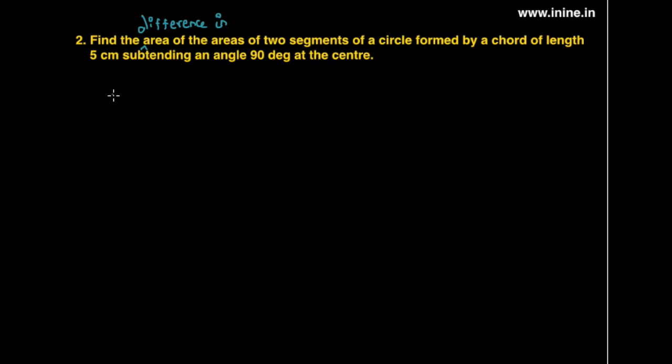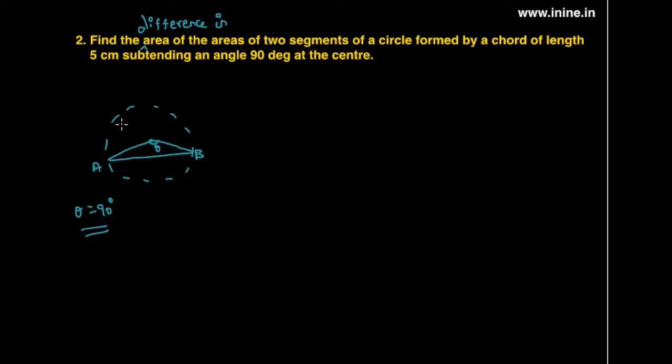Now what we need to find is a simple difference between the two segments formed by a chord in a circle. Let's say this is the chord AB, which subtends an angle of 90 degrees at the center, that is theta equal to 90 degrees.